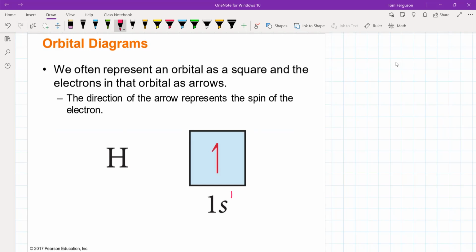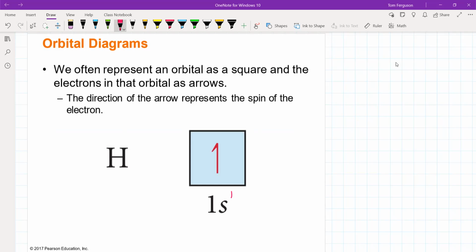Now you can figure out how many orbitals are in a subshell by counting on the periodic table. For example, here we've got 1, 2, 3, 4, 5, 6 possibilities in that one block of electrons. Okay, that represents 6 electrons. Each orbital can have 2 electrons max. So how many orbitals do you think are in that block I just named? 6 electrons, 6 places.